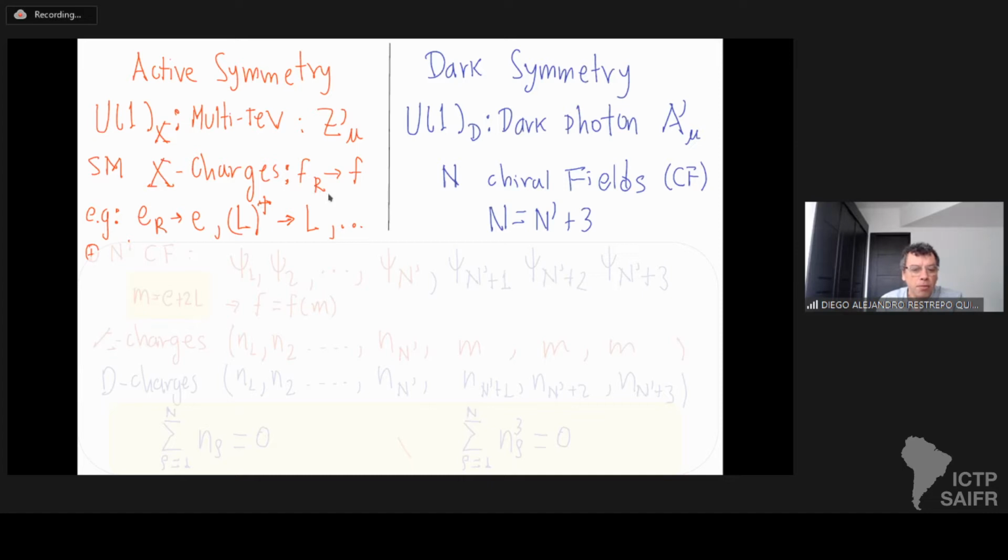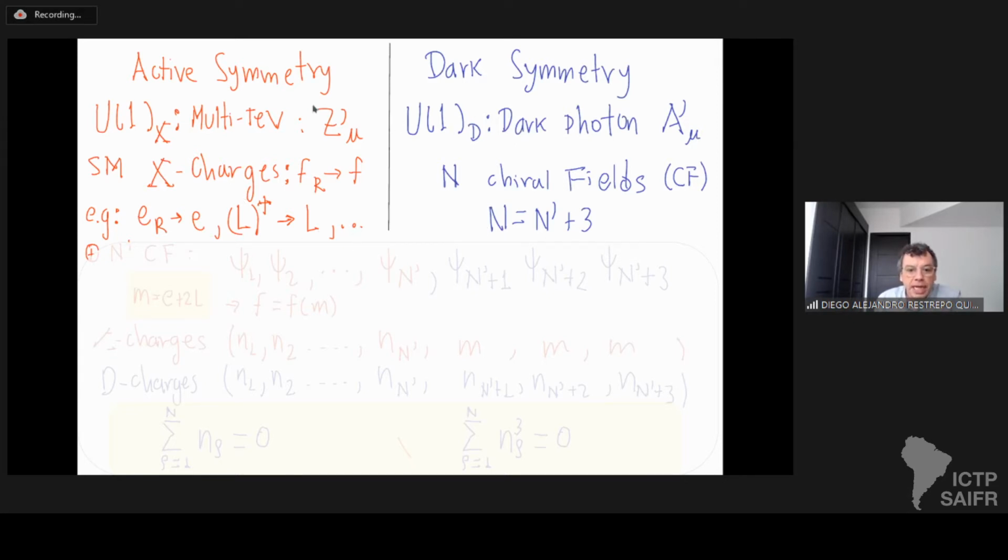By my convention, the symbol for the charges of the right-handed fields will have the same letter as the field. For example, the right-handed electron will have one X charge E, and the conjugate of the lepton doublet will have one X charge L, and so on and so forth.